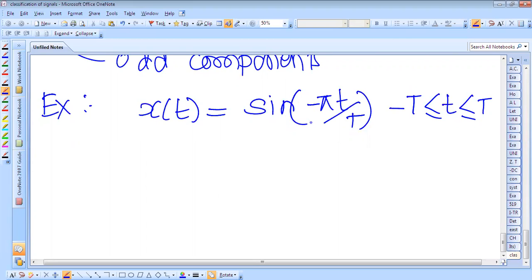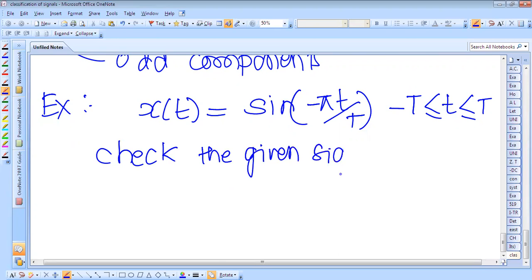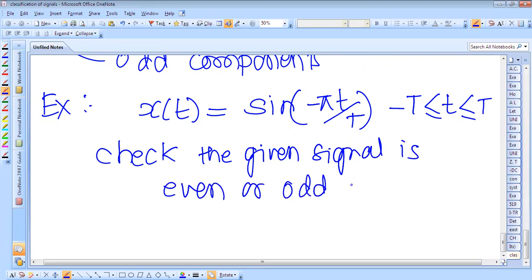So this signal is there, sine of minus pi t by t. So we have to check whether the given signal is even or odd signal.